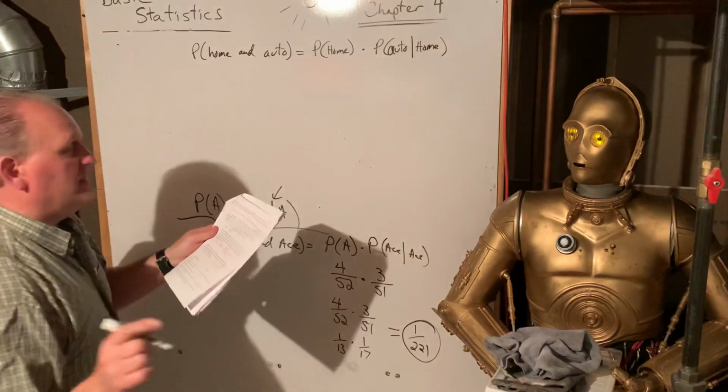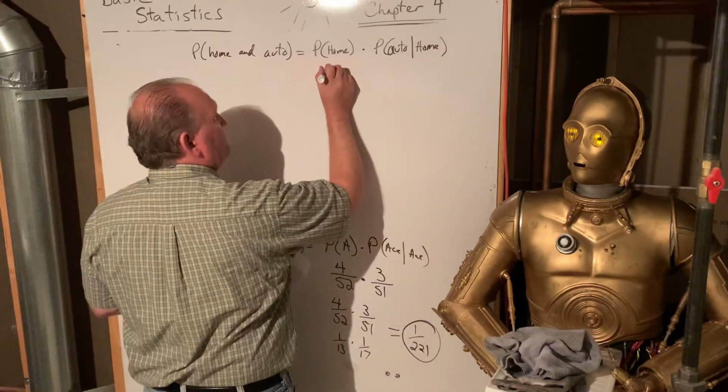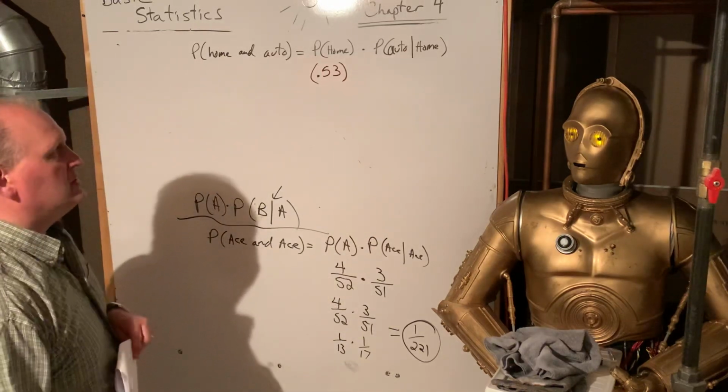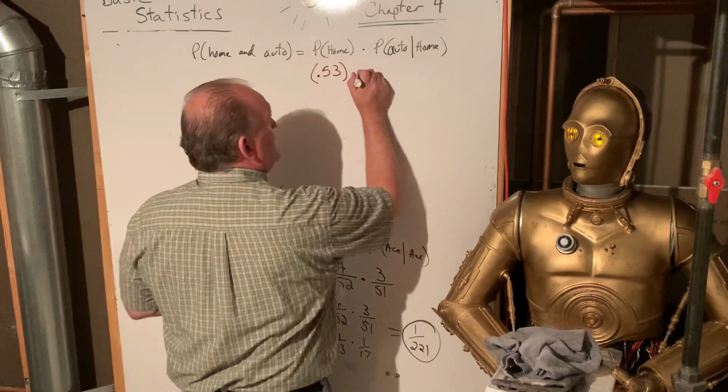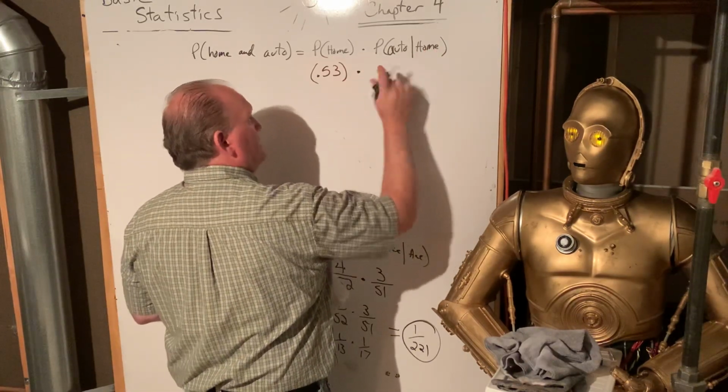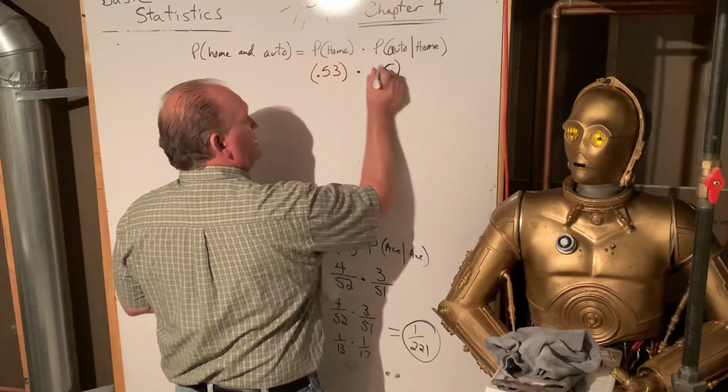They did give us those two amounts. This was 0.53, just the general probability that you have homeowners insurance with them. But then they said 15% of people with homeowners insurance also had auto insurance. So we get to multiply.